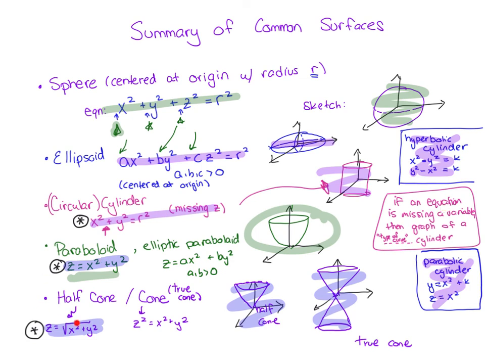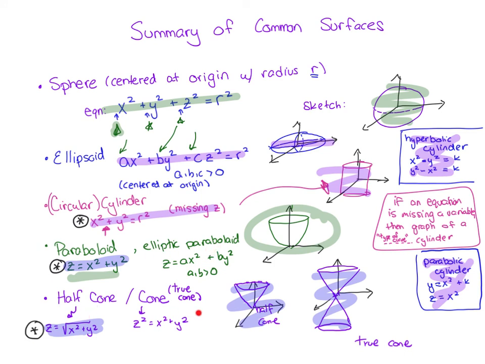And the other big two are the paraboloid and that cone or half cone. A paraboloid has z equals x squared plus y squared, and you should be able to know that basic shape. If instead of having 1 in front of the x squared and y squared, you get different numbers, it just makes it an ellipse instead of a circle, so you get an elliptic paraboloid.